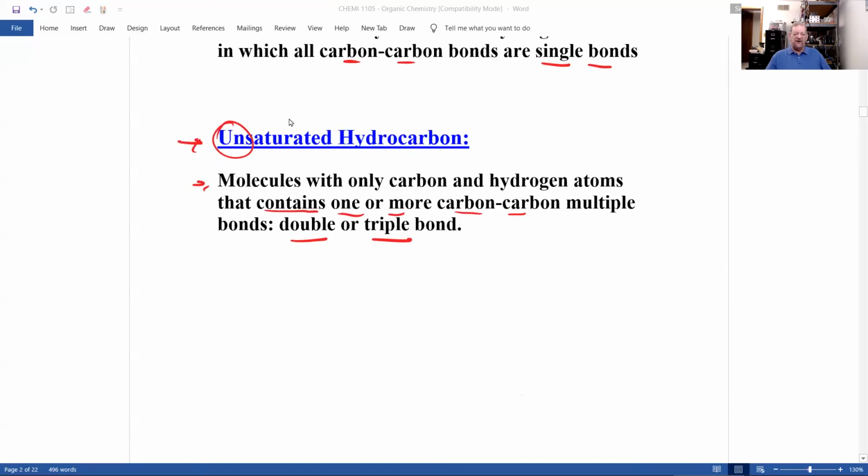Unsaturated hydrocarbons are molecules, again, with only carbon and hydrogen atoms, but because it's unsaturated, it contains one carbon-carbon double bond or triple bond, or more than one.